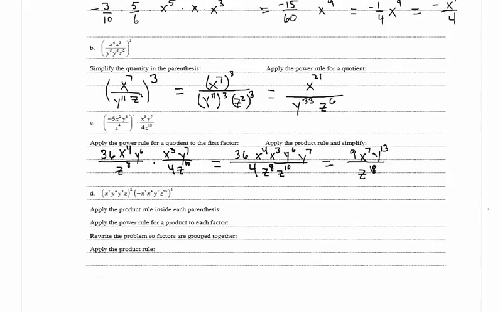And in D, we have x squared times y to the fourth times y cubed times z, all squared, times negative x cubed times x to the fourth times y to the seventh times z to the 10th, all cubed. And the first thing it wants us to do is apply the product rule inside the parentheses. And we have x squared, and we have y to the 4th times y cubed, and that will give us y to the 7th.